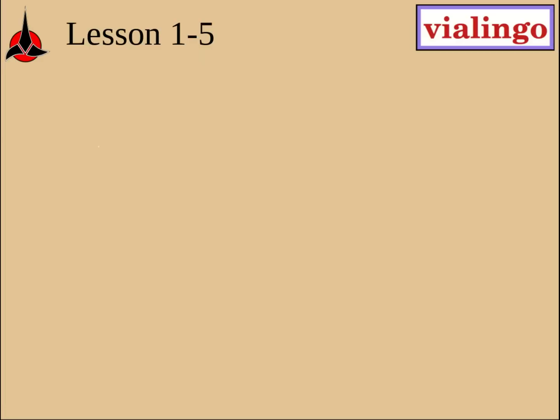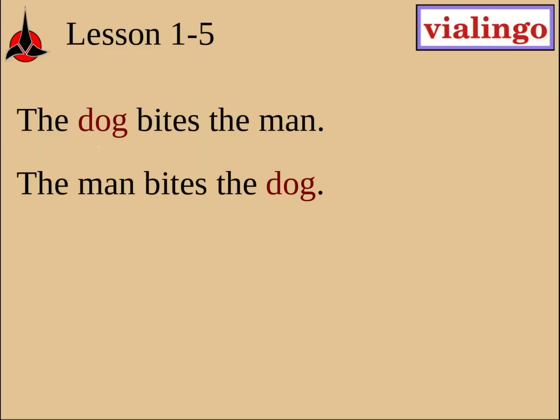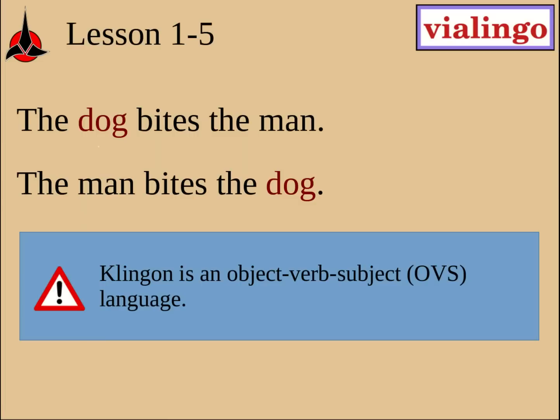The word order in an English sentence is important. If you change the order of the words, you get a very different meaning. Compare The dog bites the man, and the man bites the dog. The word order in a Klingon sentence is also very important. It is usually quite different to the word order used in an English sentence. Linguists would say that Klingon is an object-verb-subject language.